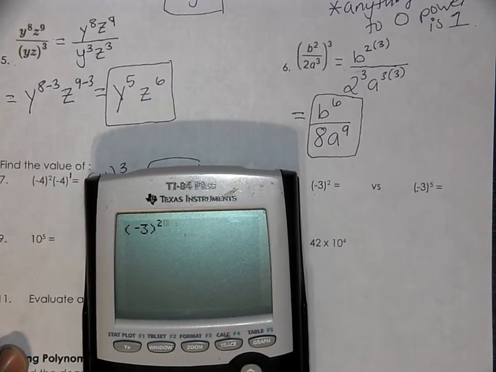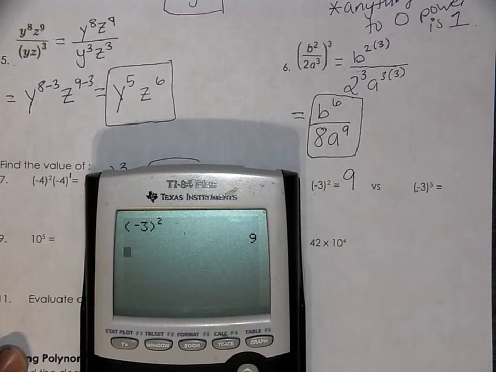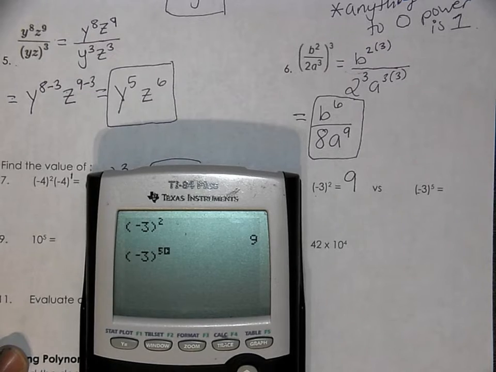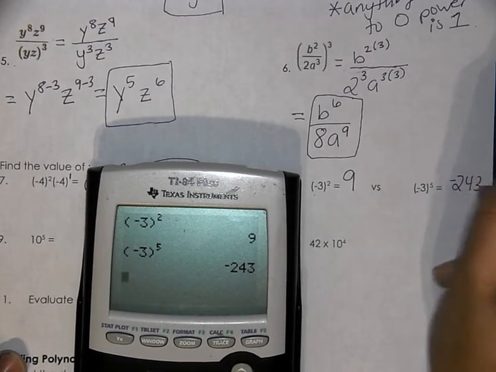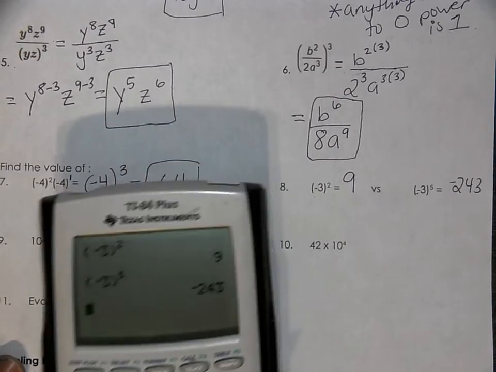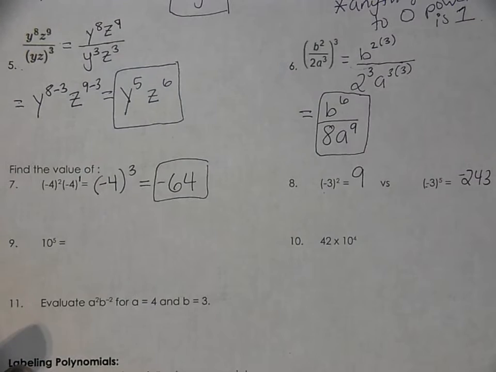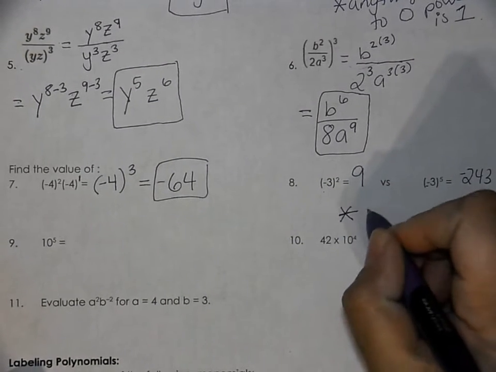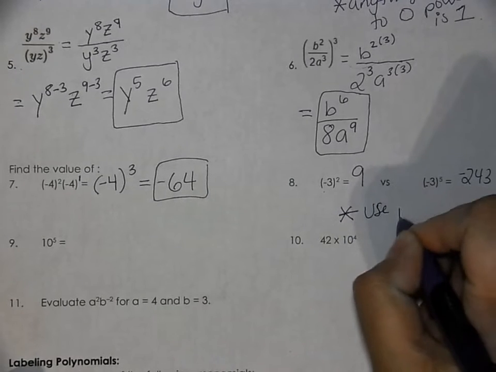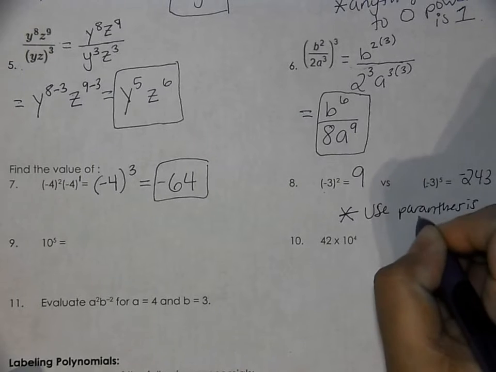So -3 being squared like this comes out to a +9, whereas -3 raised to the 5th power would come out to a -243. So just use your calculator, but type it exactly like you see it here on my screen because I copied it exactly like it's written. So the key thing to remember here is use parentheses in calc.